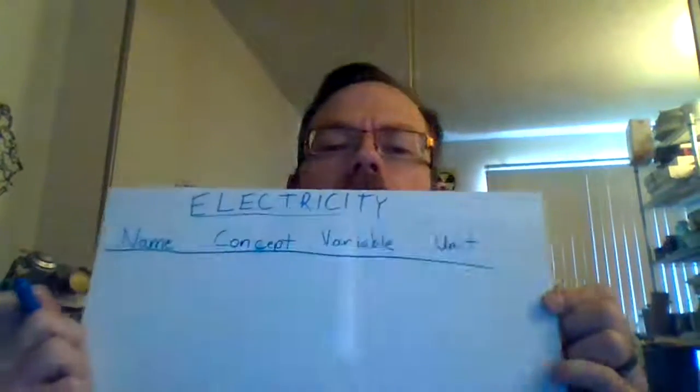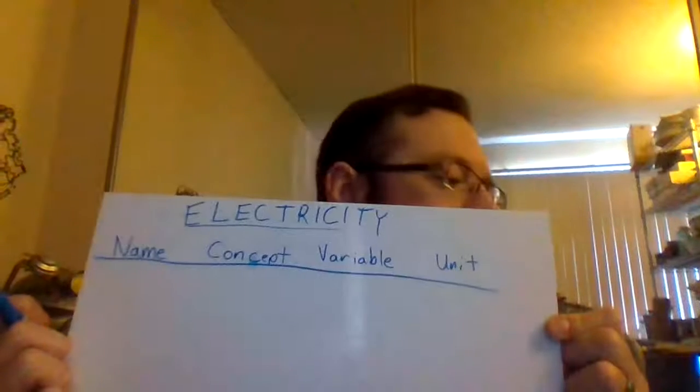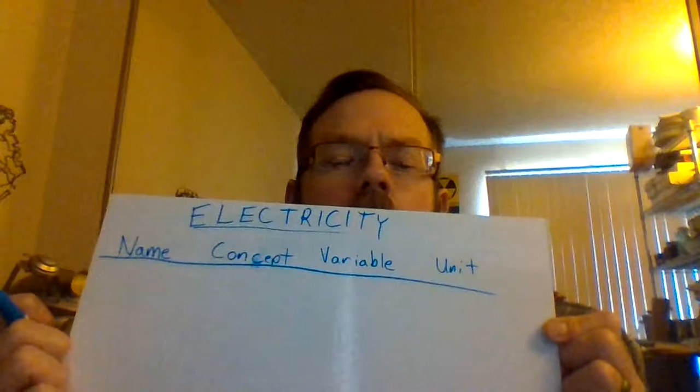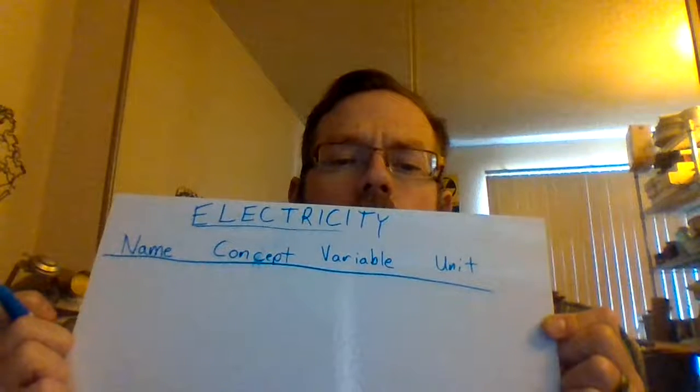And for every number, we need a unit to give it meaning. And so what I recommend is, as we go through these, fill out a table that looks something like this. I'll go through and I'll fill this out myself here so you can see how I'm organizing it. And then we can talk about it.